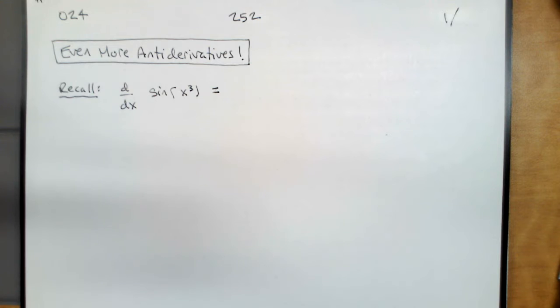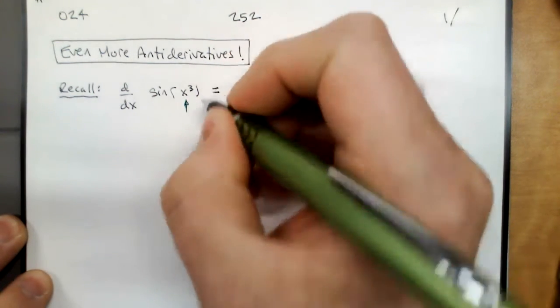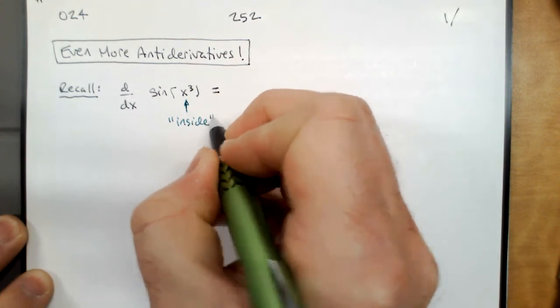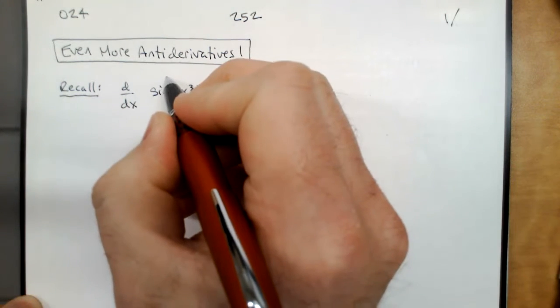If we think of what's going on here, the x cubed is the inside, and what we're taking the derivative of is the sine function. Sometimes we refer to this as the inside and the outside.